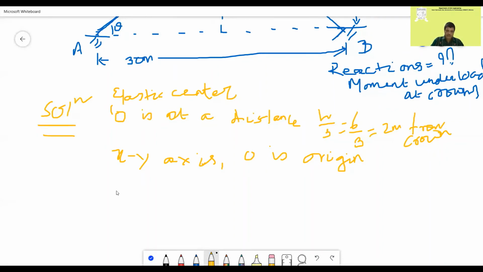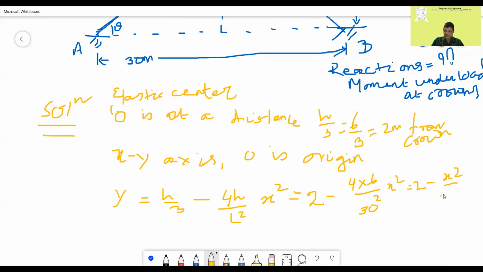We have developed the equation y equals h by 3 minus 4h by L square into x square. So this is the equation for the parabola by considering origin at O. So 2 minus 4 into 6 by 30 square into x square comes out to 2 minus x square by 37.5. So this is the equation of parabola.